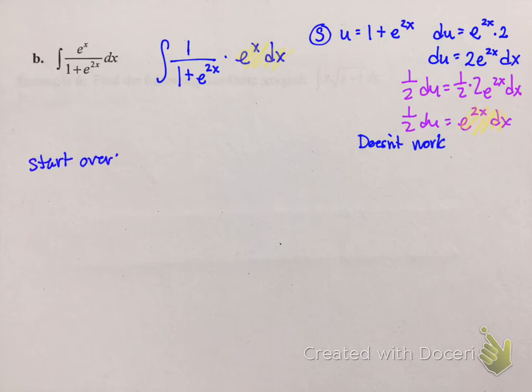This will happen sometimes, guys. If we start over, remember from section 4.8 that the integral of 1 over 1 plus x squared equals the inverse tangent of x plus c.